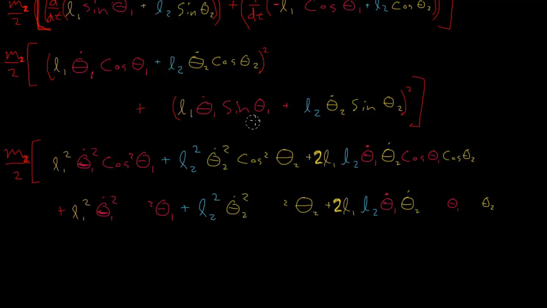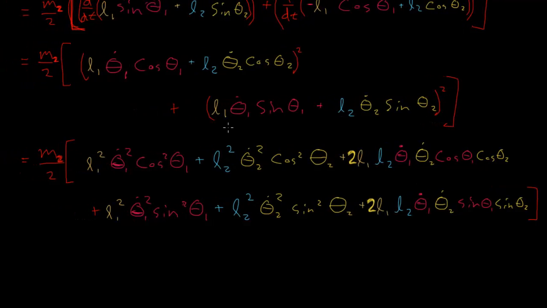Same expressions except one's sine, one's cosine. So here's a cosine, I'll write a sine. Sine squared theta 1. And here's another cosine, I'll write a sine. So it's just sine theta 1, and then this is a cosine, so this one should be a sine. Sine squared theta 2, and then here is a sine theta 2. All right. So we have a whole bunch of stuff here, and now what we'll do is we'll simplify it a little bit more.